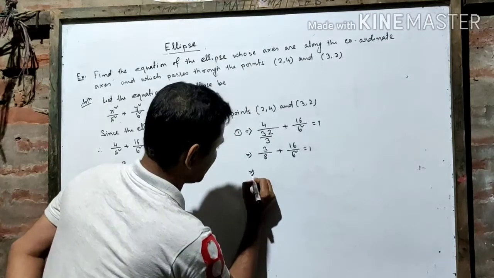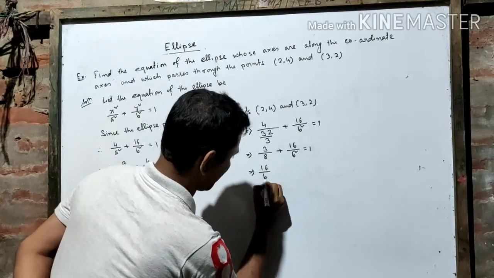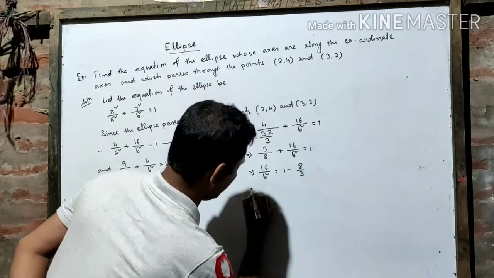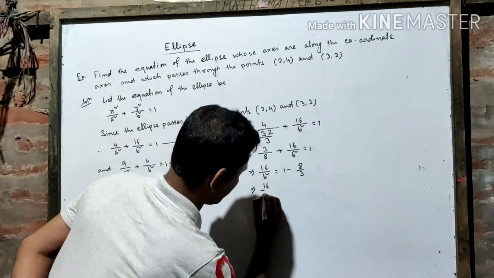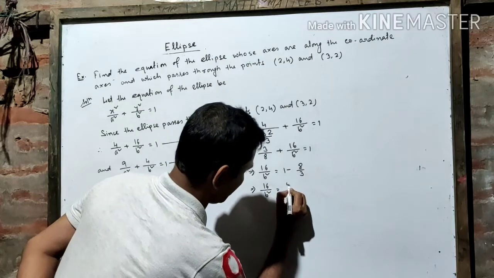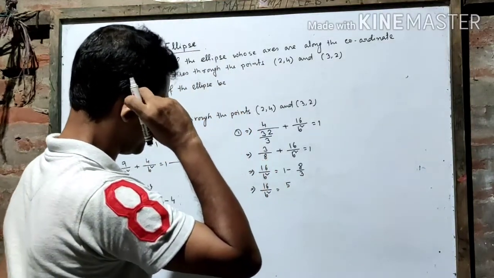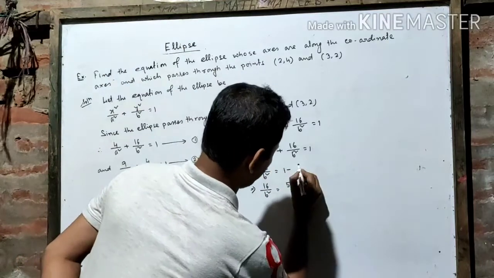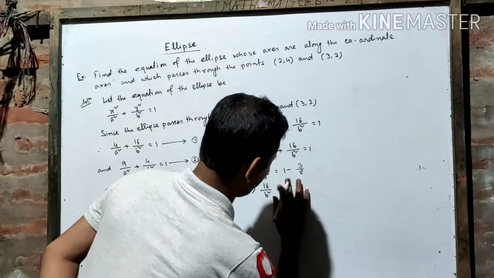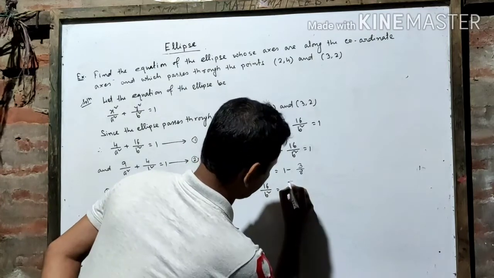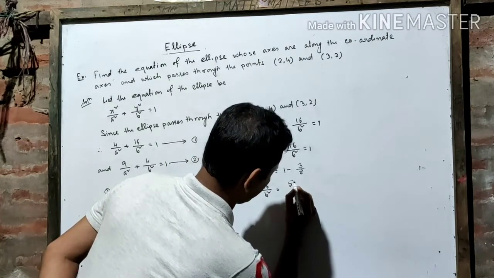This implies 16 by b square is equal to 1 minus 3 by 8. So, what will be this? 5 by 8.